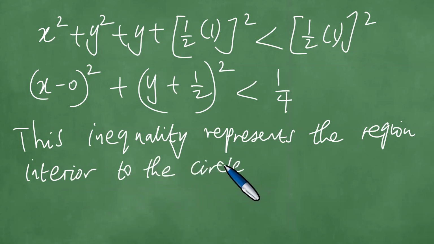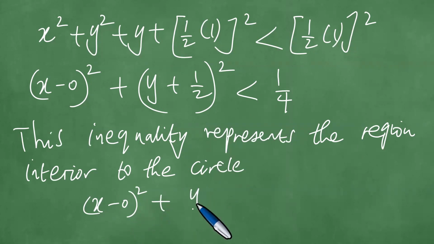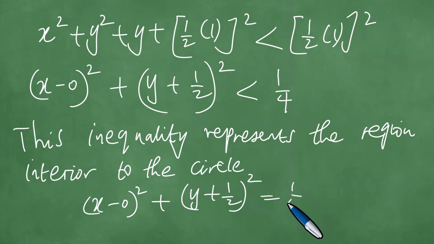The circle whose interior we're describing, circles have an equal sign here, so that would be x squared plus y plus 1/2 squared which equals 1/4. This inequality represents the region interior to this circle.